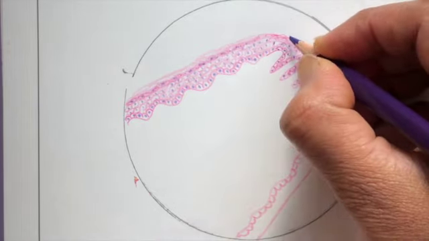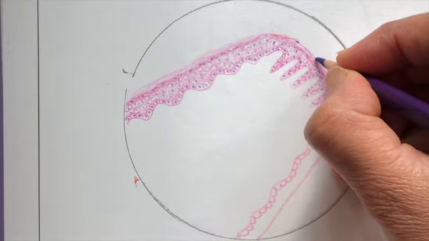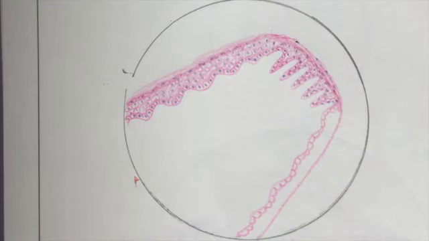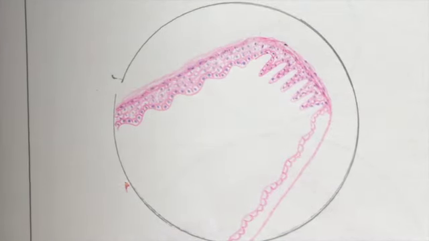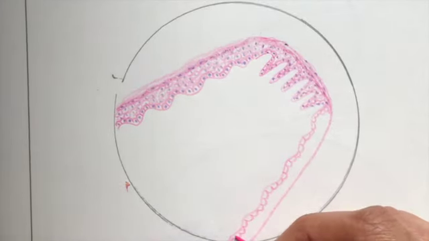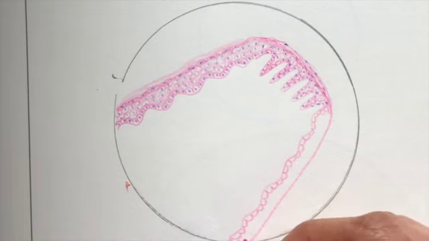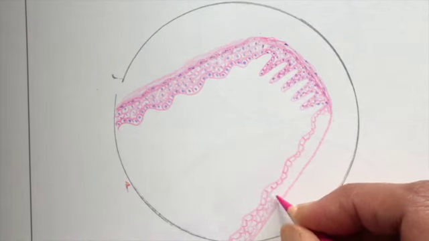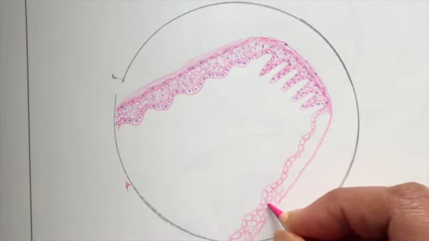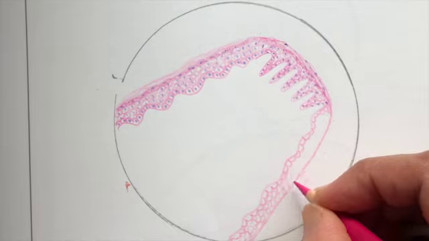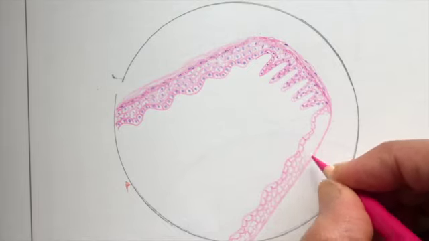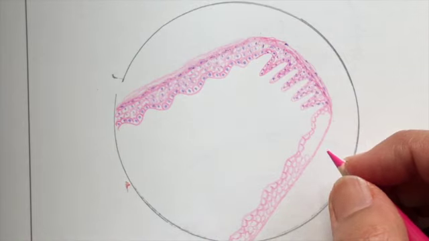In the area of the stratum granulosum, since it's a parakeratinized epithelium, we'll be seeing a few pyknotic nuclei in the surface keratin. Next is the non-keratinized epithelial layer, which has basal cells and polygonal cells. Don't leave spaces between the polygonal cells. Take care to draw neatly stacked up cells.